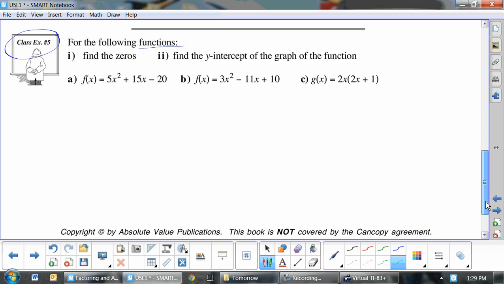So if you look at example 5, they're saying that it's functions and we want to find the zeros. But if you remember, zeros are the same as roots, which is the same as x-intercepts. So when it says find the zeros, you can just make the entire thing equal 0.